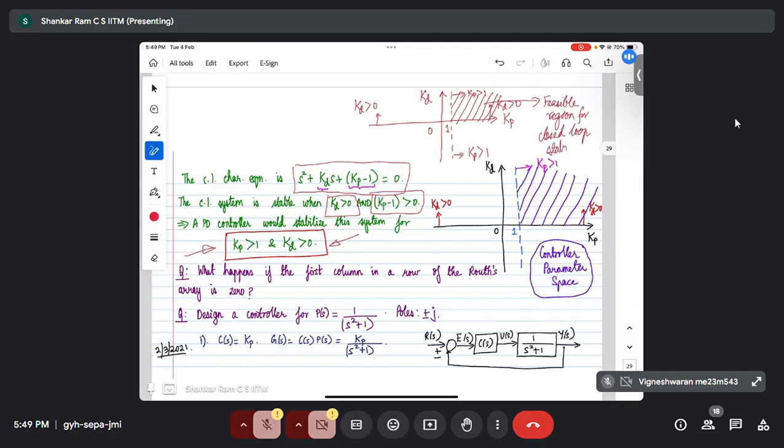So this is how we solve this problem. However, one may immediately ask the question, hey, what have we done? Is this beneficial? It's a very natural question to ask. One may say that at the beginning, you had KP and KD in an infinite dimensional space, and then we have converged it to something in the first quadrant of this controller parameter space, but still it is infinite.